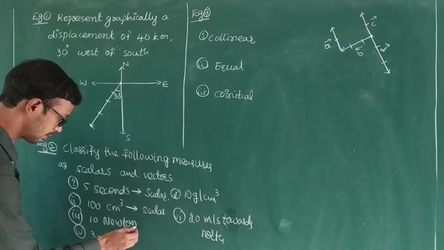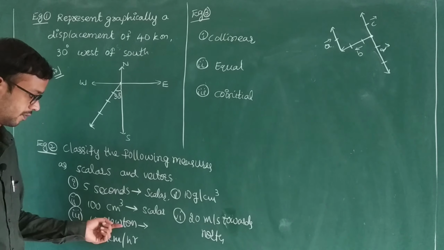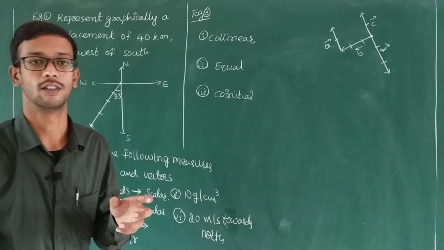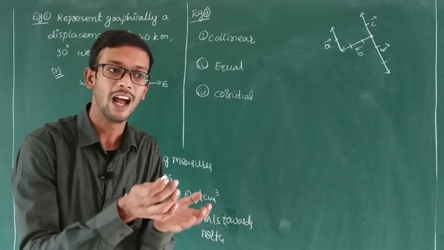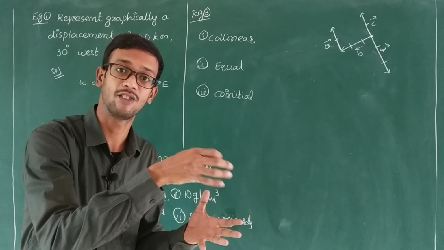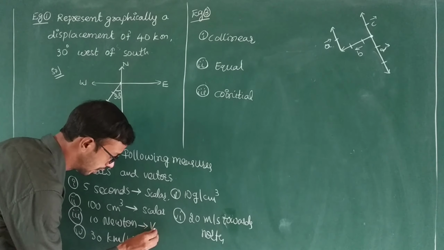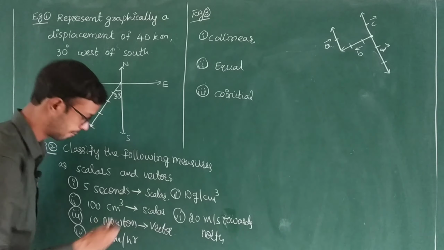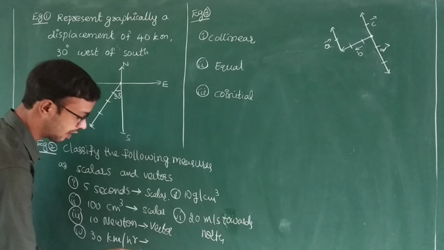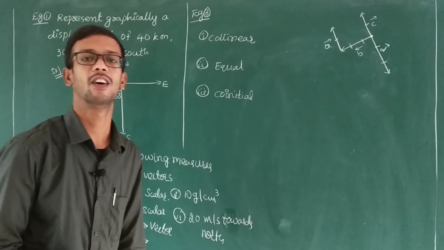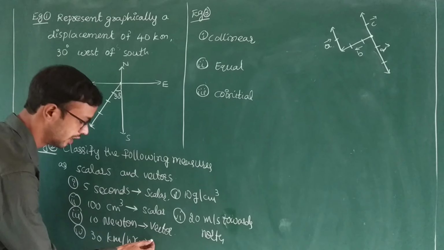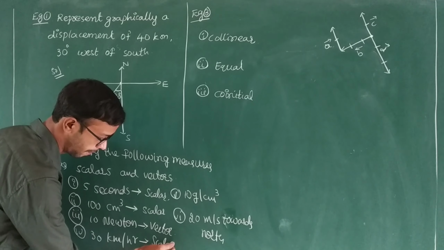Next one. Newton is a force. Force has magnitude and also a direction, which side it acts. So it is a vector. Next, kilometer per hour is a speed. That's why it is a scalar.